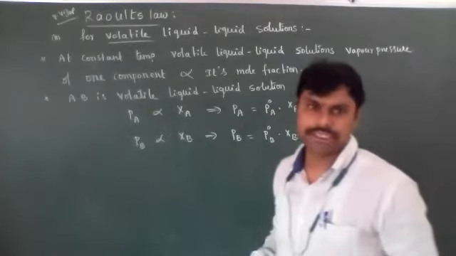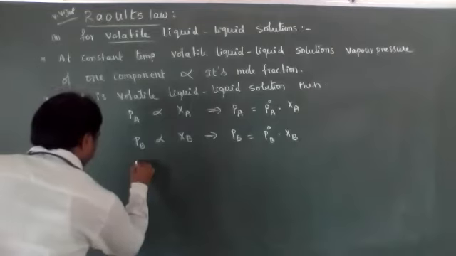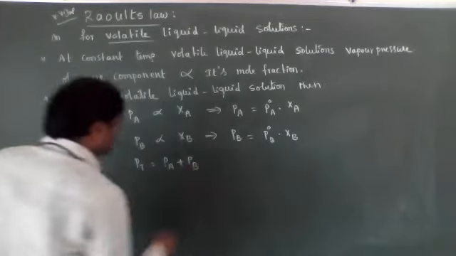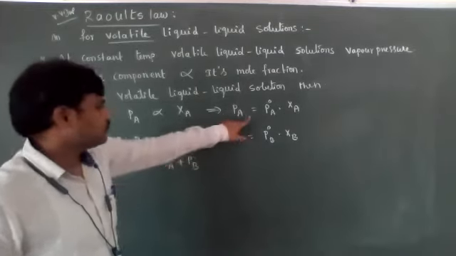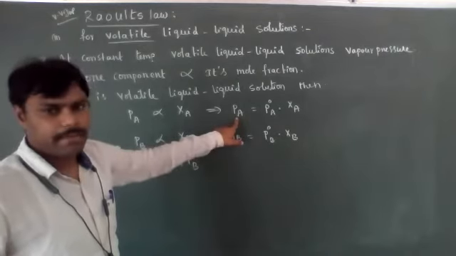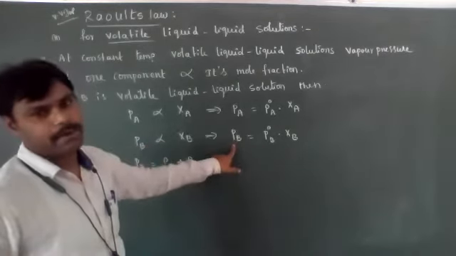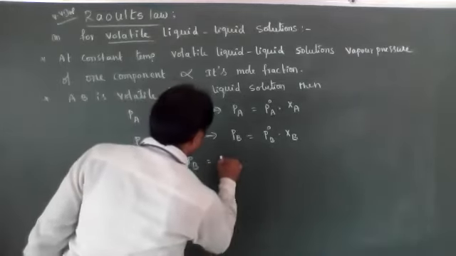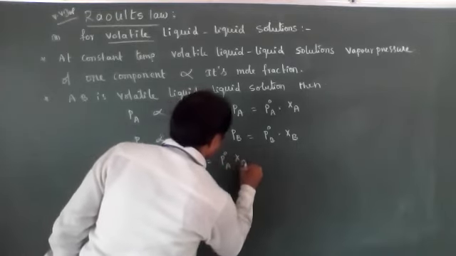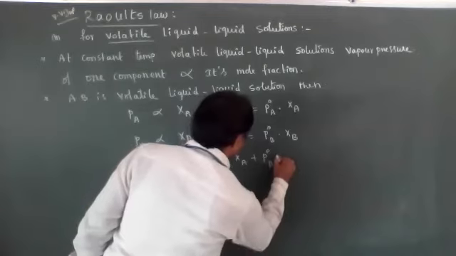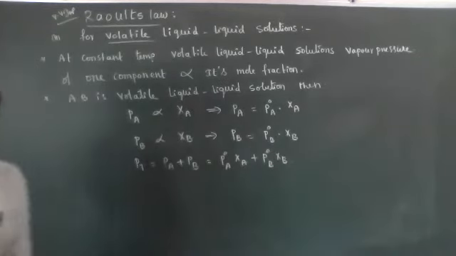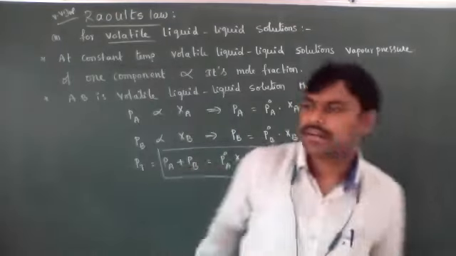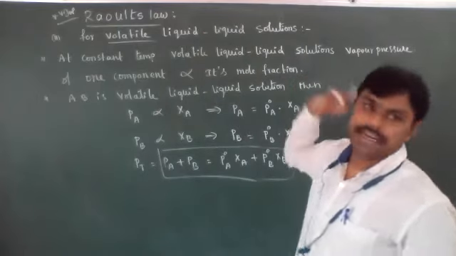Now this is the AB solution. For the AB solution, the total vapor pressure PT is equal to PA plus PB. PA is the vapor pressure of A in solution, and PB is the vapor pressure of B in solution. So what do we get here, students? P naught A into XA plus P naught B into XB. This is the Raoult's law formula for binary volatile liquid solutions.